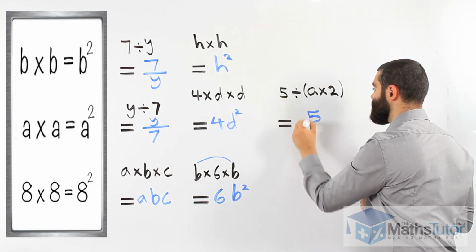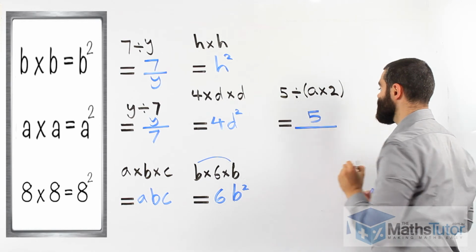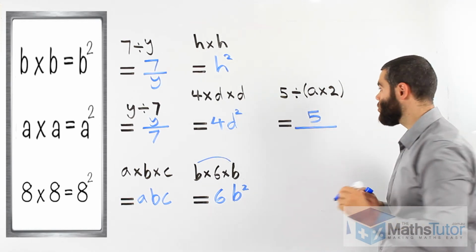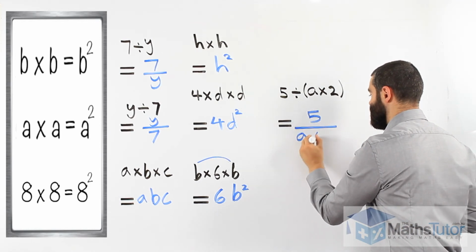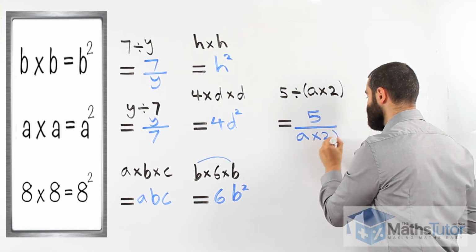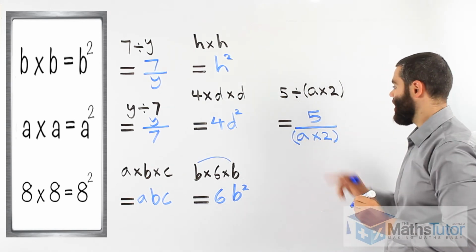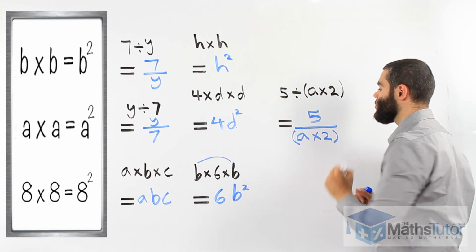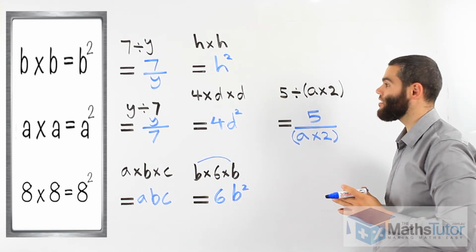It is our numerator. Division is our fraction bar. A times 2 is our denominator.